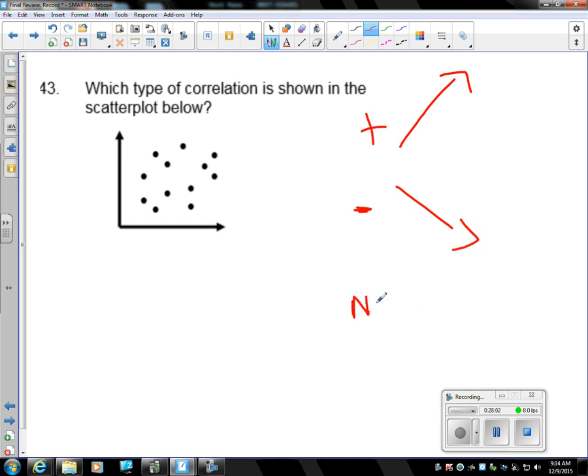Or we can have no correlation, and the data is scattered all over the place with no real pattern. If I look at the data that's given to me, although it is scattered, in general, it is moving uphill. So I know that I have a positive correlation.